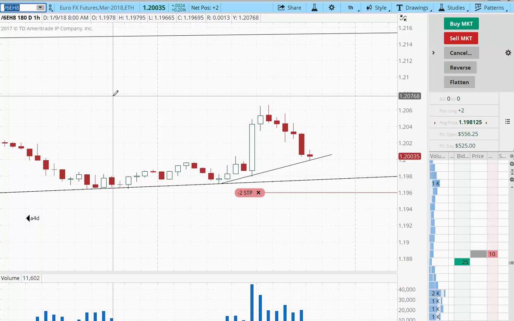So let's go over the rules. Rule number 1 is you do not go home with a losing trade, period, in the professional course. And number 2, you're usually looking for trades that last several days.